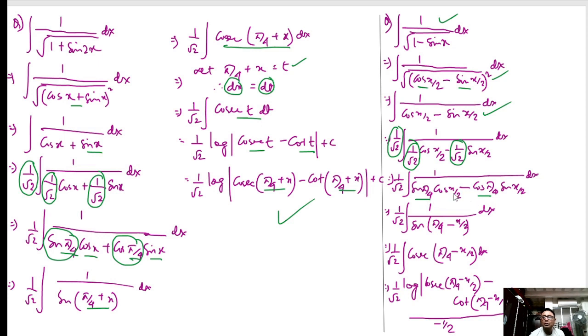It is sine A cos B minus cos A sine B, which is the sine A minus B formula, which is cosec. And integration of cosec, as we all know, is log cosec x minus cot x. Now watch here, with x it is minus half, it is minus x by 2. That means with x the number is minus half, so you also have to divide by minus half. Please keep note of these things.